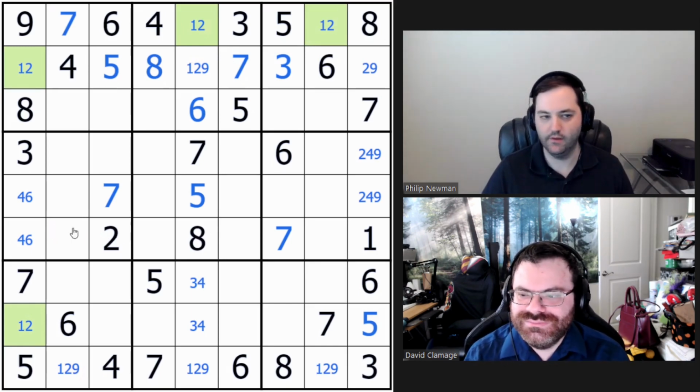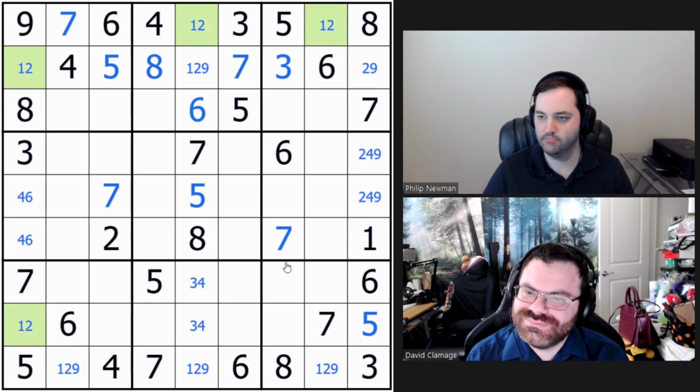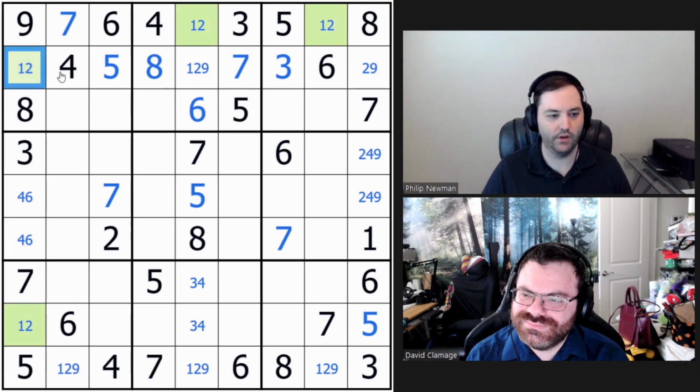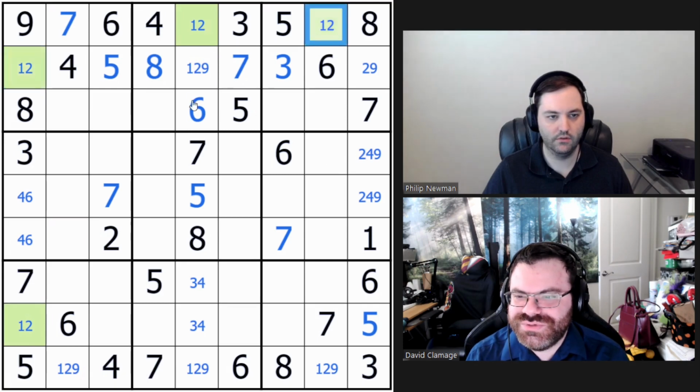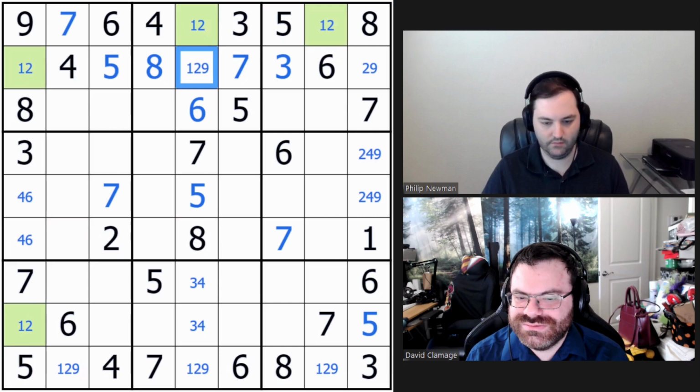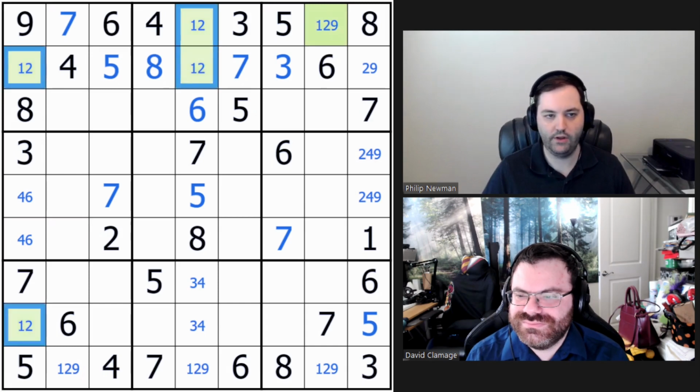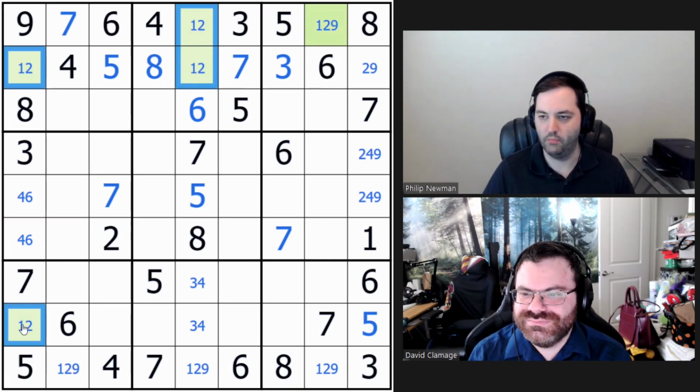So when you see something like this, and it's not immediately obvious how to make a chain or anything like that out of it, just as a quick example, it's tough to connect those 1-2s to each other even. Let's say this was a 1-2 instead of this. So now we have this pattern. This is going to result in what's called a remote pair.